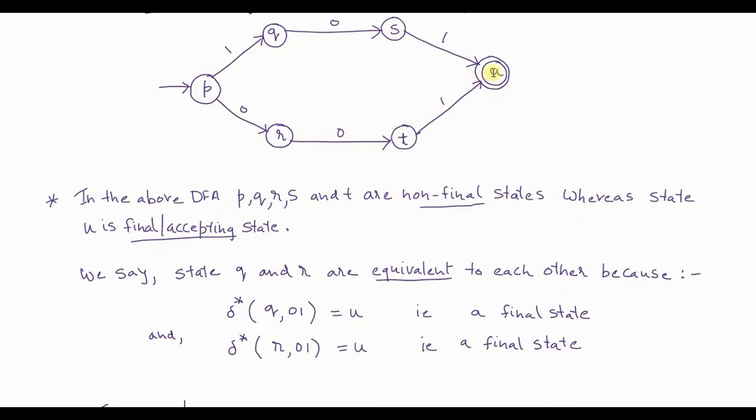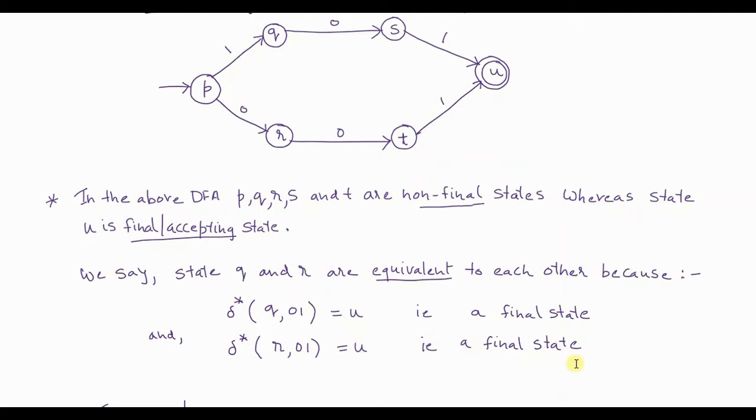It may be the same state, it may not be the same state, but you observe that whichever state this extended transition takes both of them to, both these states are final states. So U is a final state. This U is also a final state.